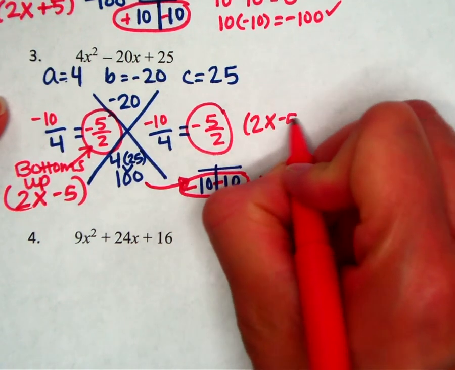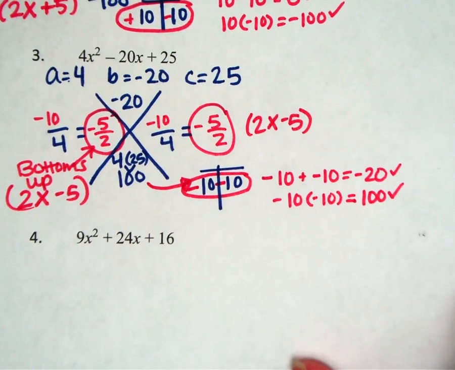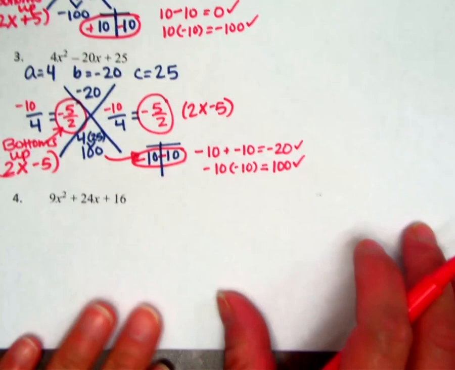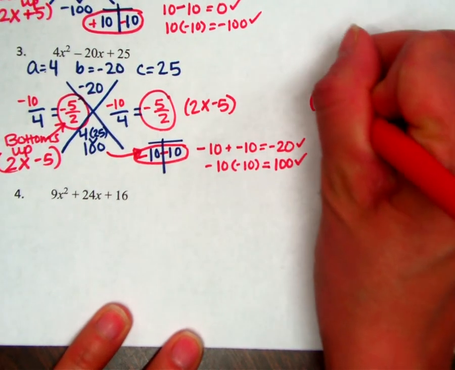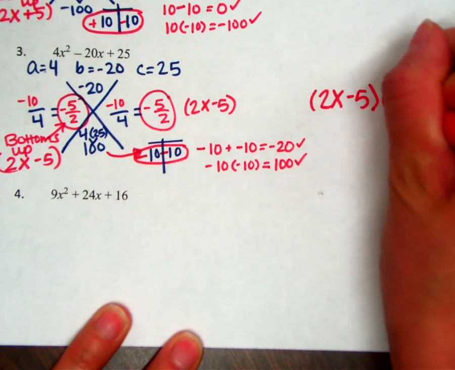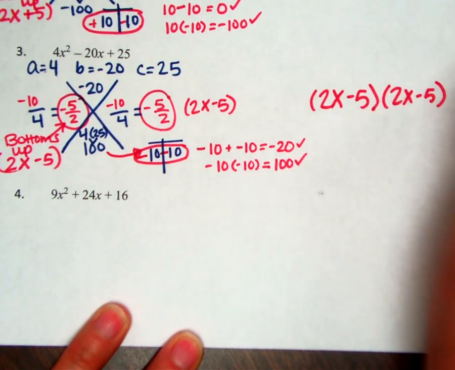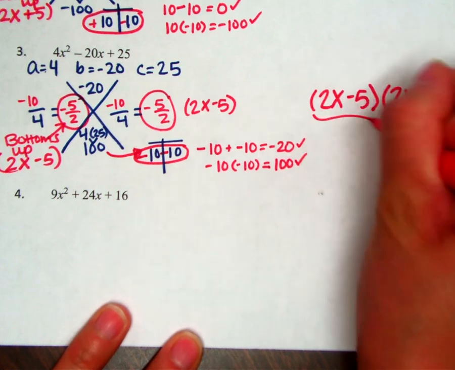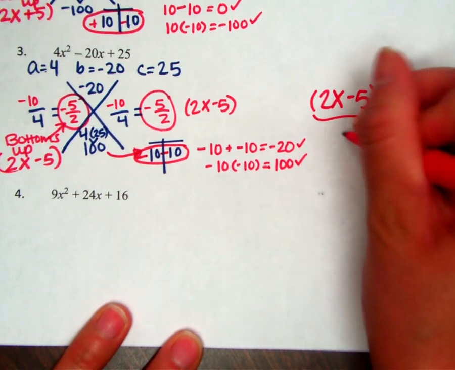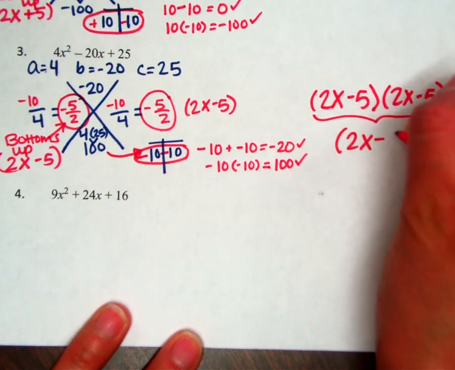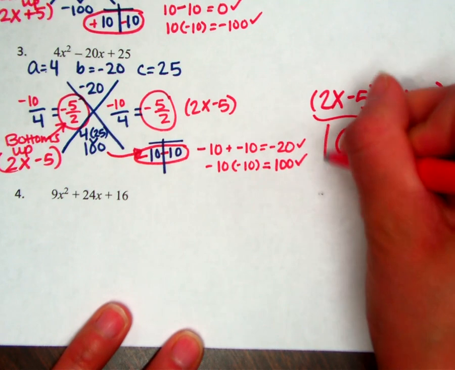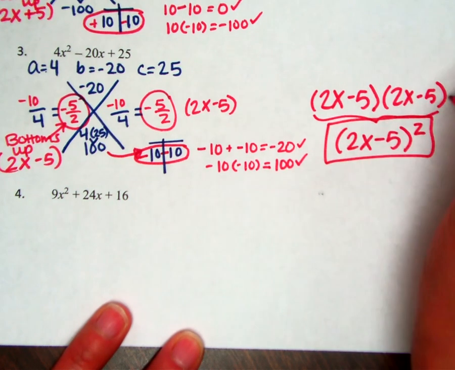So if they are exactly the same, yes, you would put it together as your final answer as 2x minus 5 times 2x minus 5, but you can also rewrite this as the same factor squared. Okay, so this is rewritten as one factor squared.